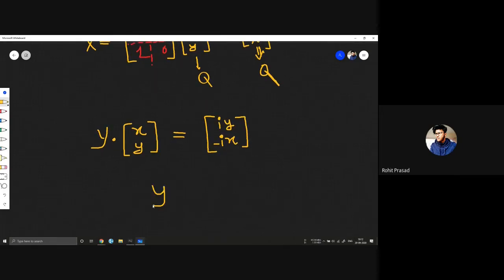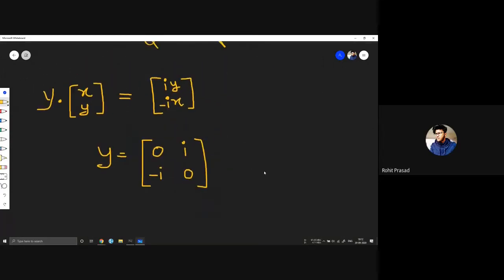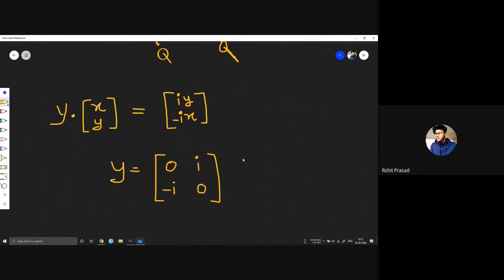Can you tell what will be the Y matrix? 0, -i, i, 0. So this will be your Y matrix.